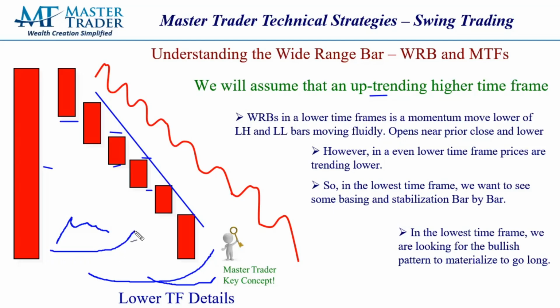So we've got a steeper angle of retracement. If we look inside these bars, it may actually look like a trending move to the downside in this time frame. So what do we want to see here? Well, with an angle of retracement like this, clearly there has to be a turning point.